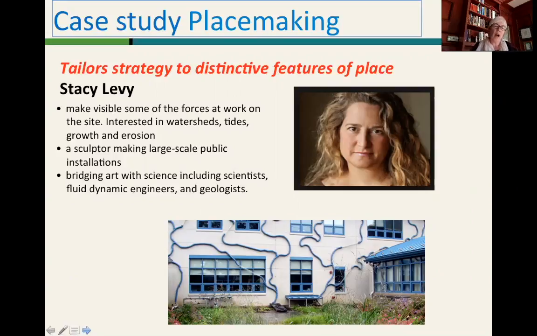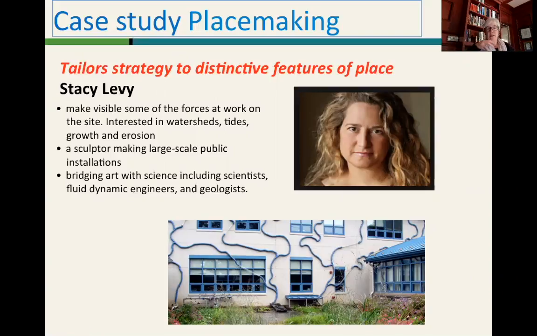But in order for her to accomplish that, she must bridge art with science. She must work with scientists, fluid dynamic engineers, and geologists to really understand it. This picture below is a recently constructed school in Philadelphia, and she has taken the downspouts from the roof and turned them into these very fluid, crazy patterns, which are the patterns of the drainage system for the Delaware River.